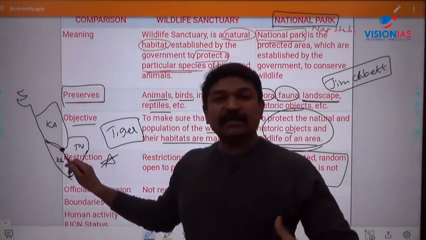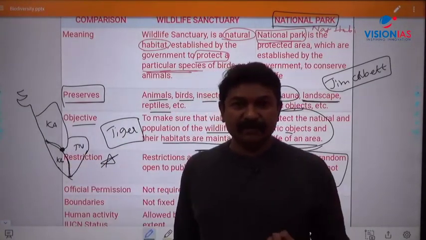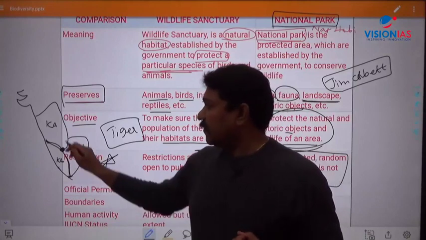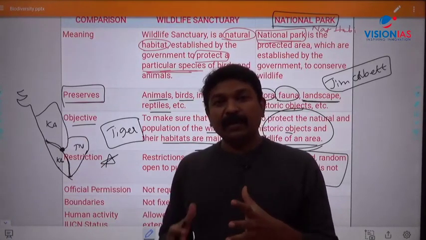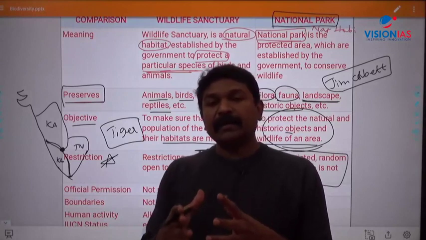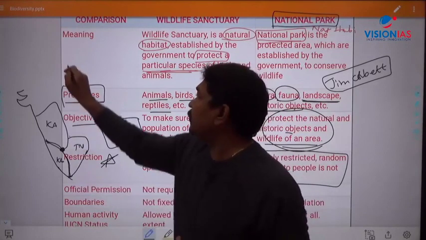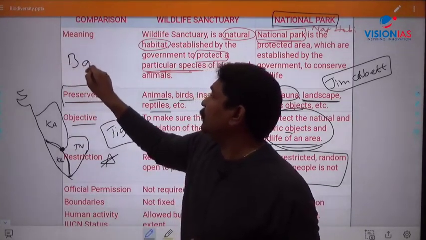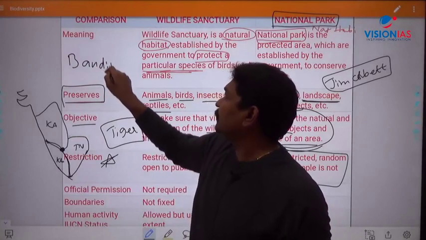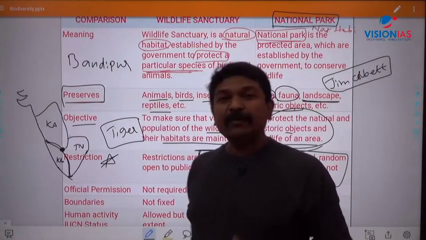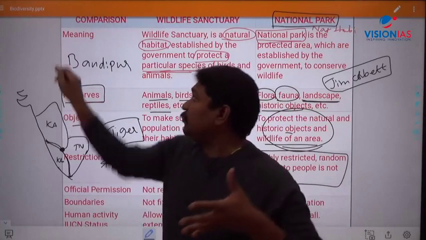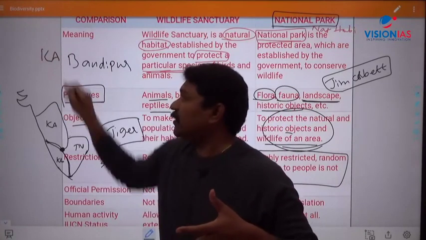This area comes under the Nilgiri Biosphere Reserve. The protected area present here is called the Bandipur Tiger Reserve, which comes under the state of Karnataka.